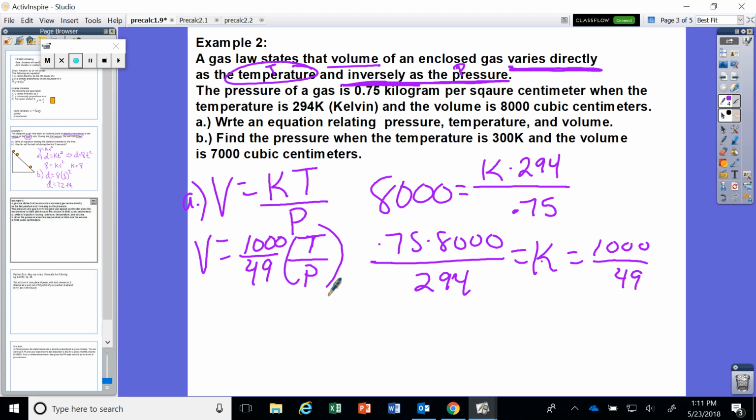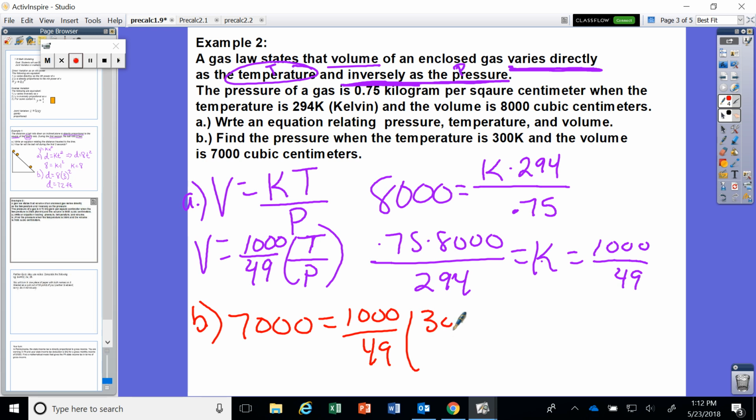Then it says use this information now to go ahead and make some insight into a different scenario. Find the pressure when the temperature is 300 Kelvin and the volume is 7,000. So we already know what our constant of variation is. And we just said that the temperature was 300 Kelvin, and we want to know what that pressure would be if this was the scenario that we are in fact given.